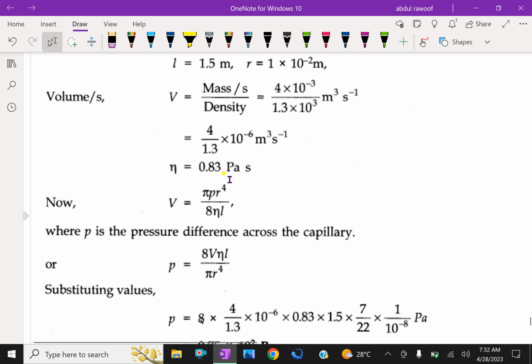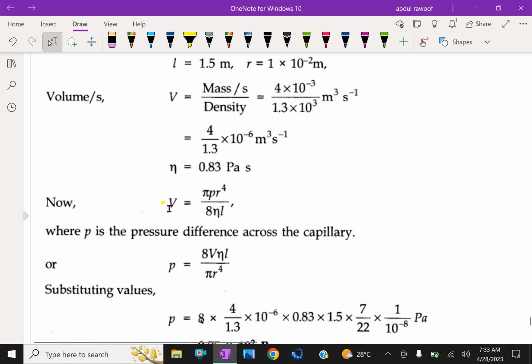This much volume of glycerin is flowing through the tube per second. The viscosity is given as 0.83 pascal second. Now, the volume formula is V equals pi P r power 4 by 8 eta L, where P is the pressure, r is the radius, eta is the viscosity and L is the length of the pipe.